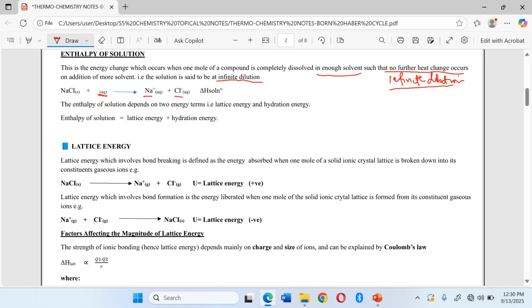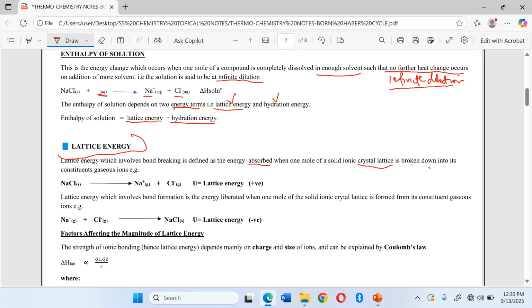So we are saying that enthalpy of solution depends on 2 energy terms, that is lattice energy and hydration energy. Enthalpy of solution is equal to the lattice energy plus the hydration energy. And the question is, what is lattice energy? Let's look at the lattice energy. Lattice energy, which involves bond breaking, is defined as the energy absorbed when 1 mole of a solid ionic crystal is broken down into its constituents.